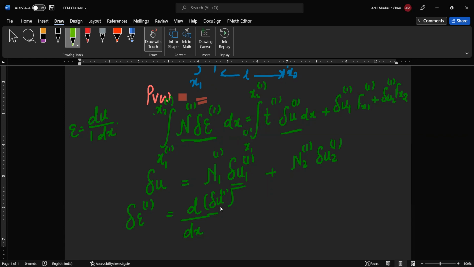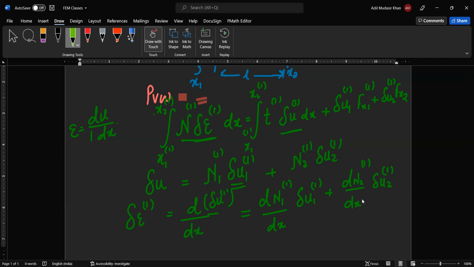So we have virtual strain, and in terms of shape functions that will be equal to dN1 by dx, and be careful, N1 is a function of x as previously discussed, times del u1, plus dN2 by dx for shape function 2, times del u2 for element 1.